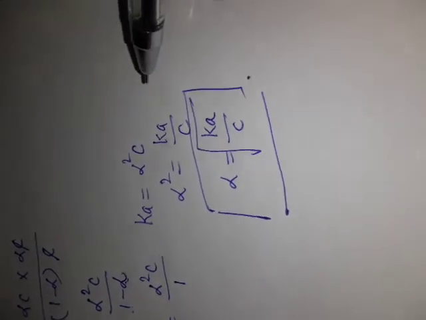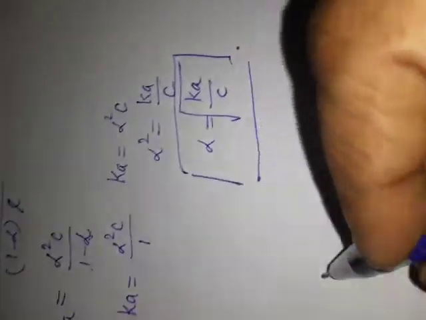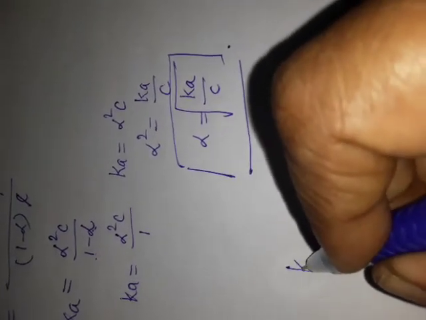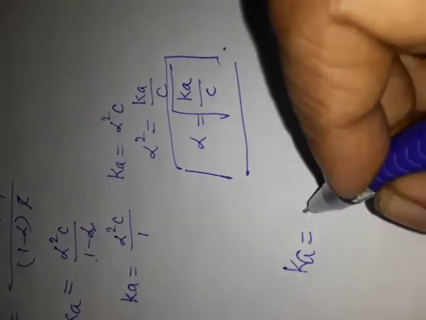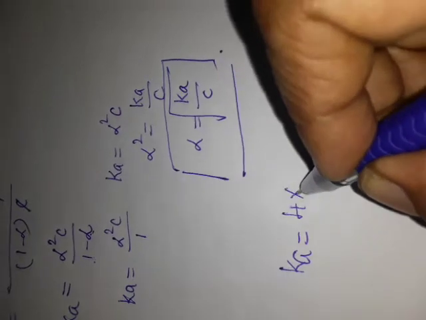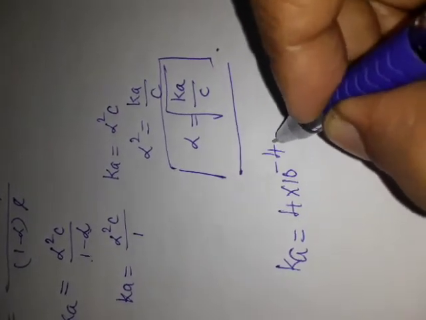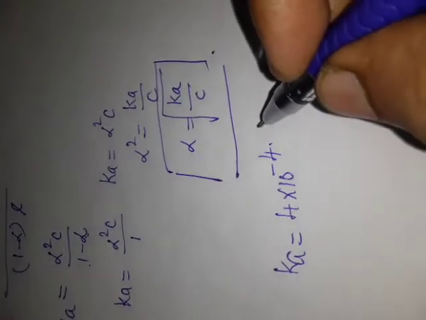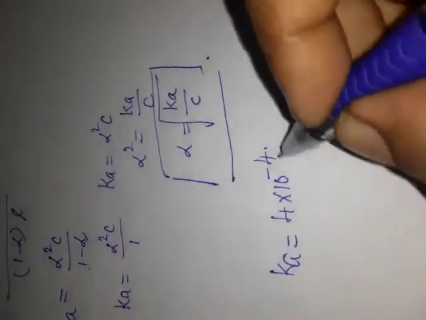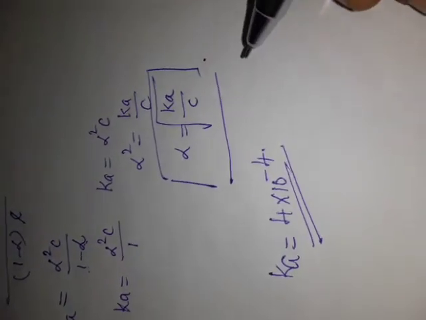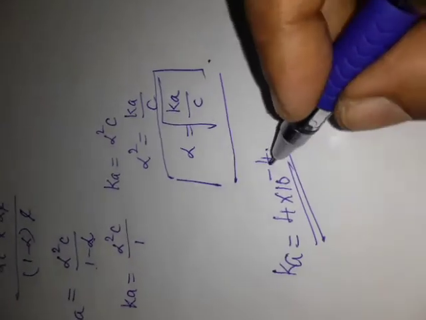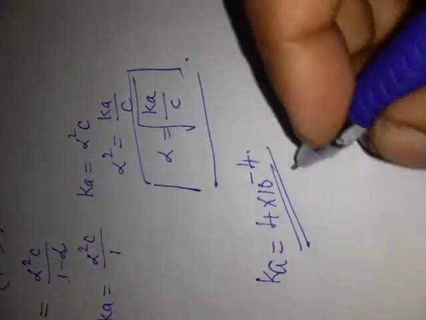Now let us consider an acid with a Ka value of 4 into 10 power minus 4. This is the Ka value for an acid. Now we find the degree of dissociation of that acid for two different concentrations.